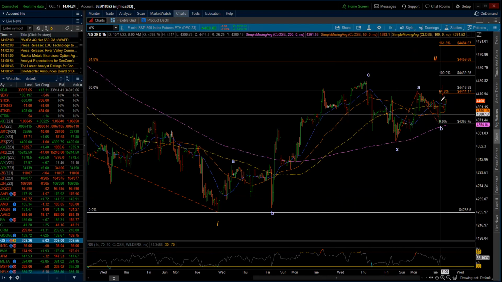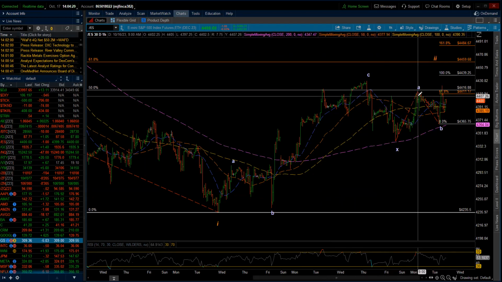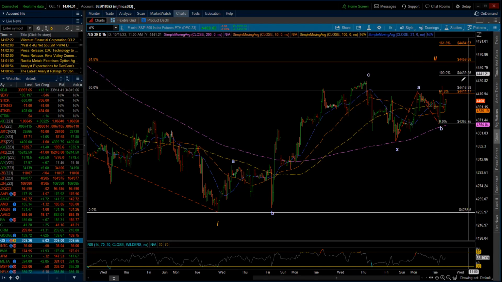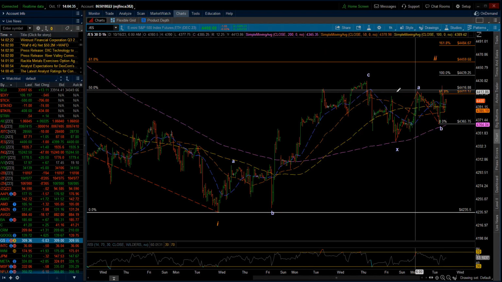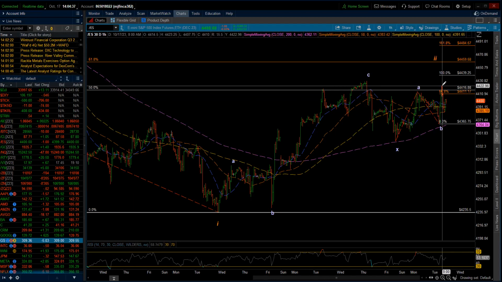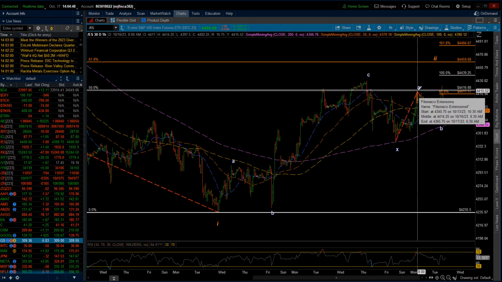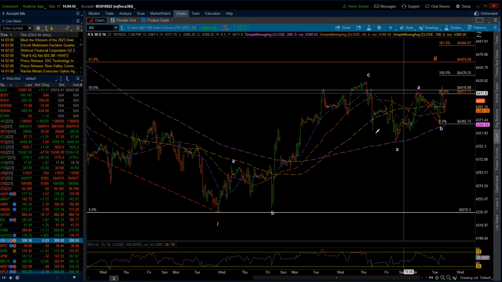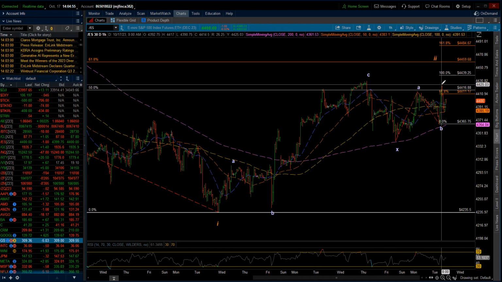When we take these calculations, wave C would be equal to wave A at 44.39. We got up above the first resistance level, which was 44.16, poked our nose above it, and got up to 44.23. So we didn't reach the C equality, but we did make a new high above the A wave. As far as the structure itself, it could be complete.